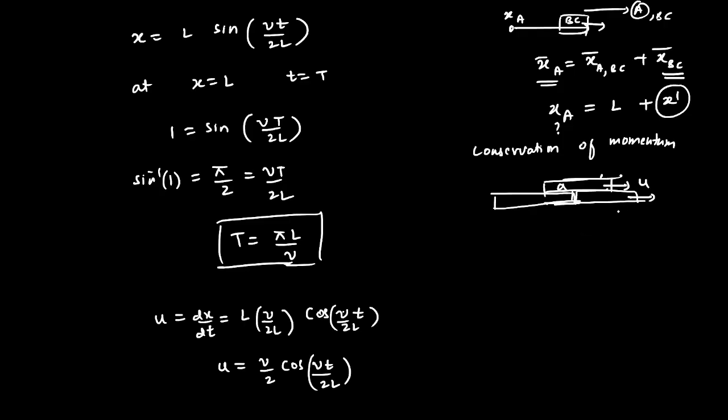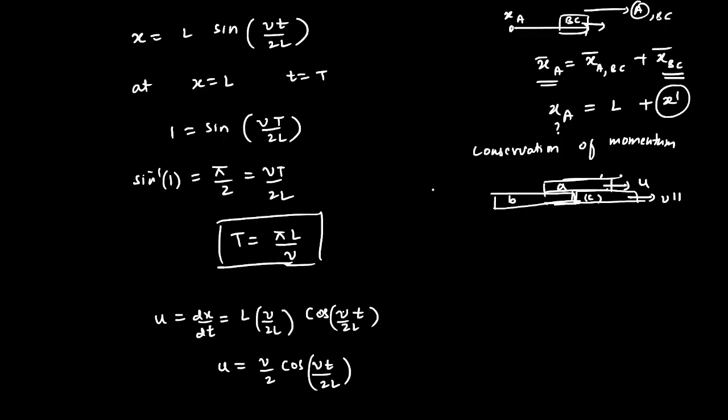So definitely, if we consider the idea of conservation of momentum, let me use the symbol V double dash for the B and C combination. Now B and C are together moving with V double dash, and u is the speed with which A is moving relative to the BC frame.